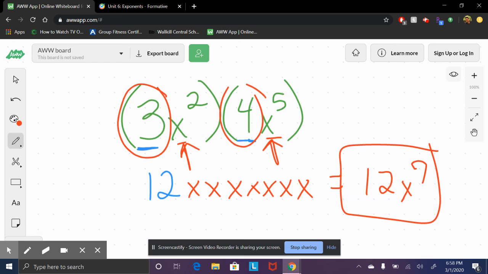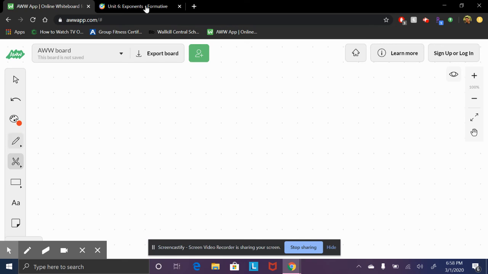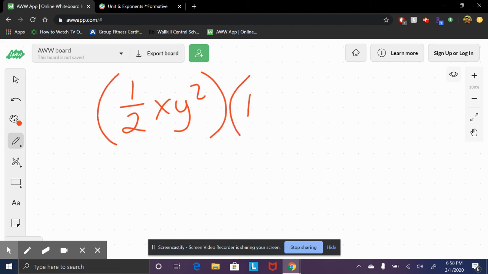Same thing goes with a fraction. Let me make it a little bit more challenging. Let's do 1/2 xy to the second multiplied by 10 x to the second y to the third. All right.